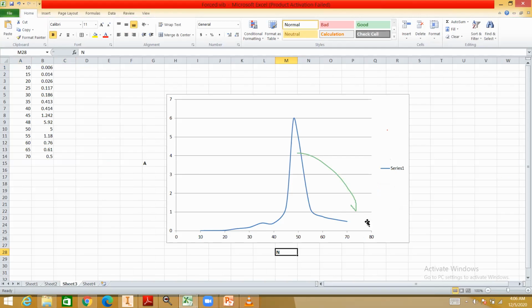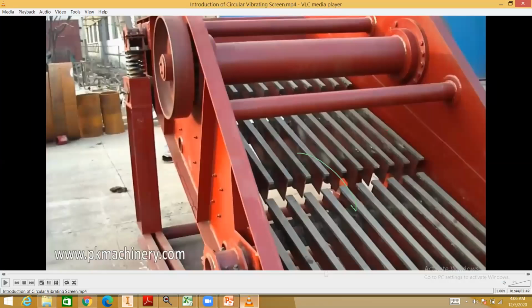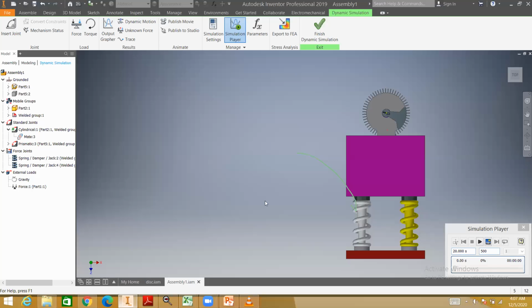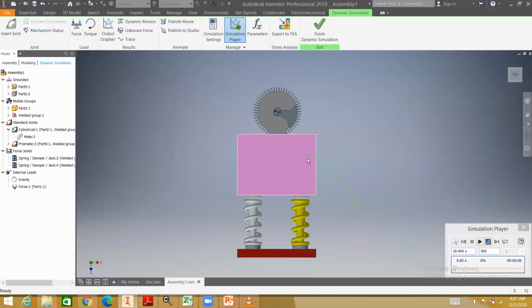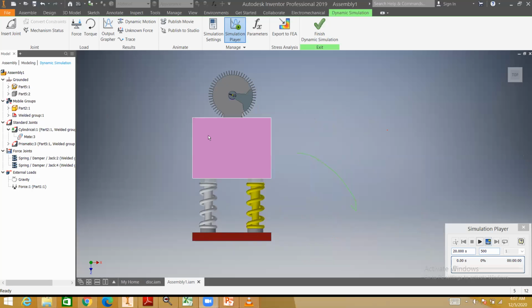And this graph is just for RPM versus amplitude. You can take this screenshot for this experimental setup.